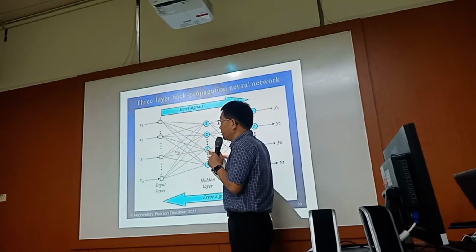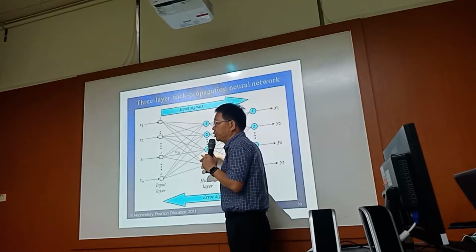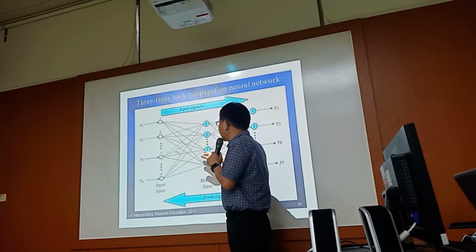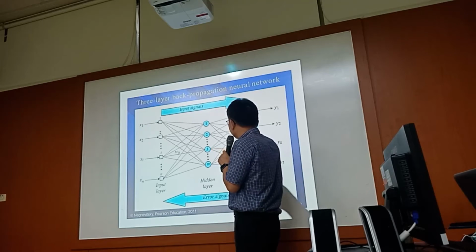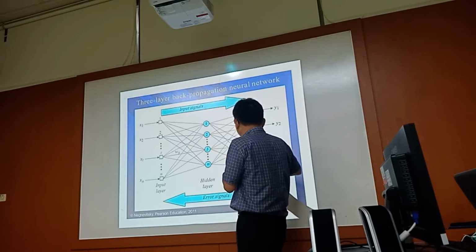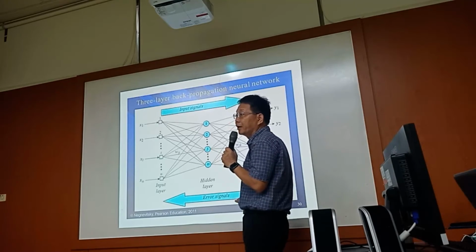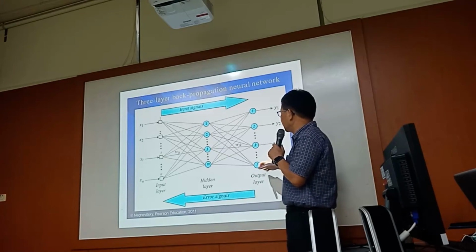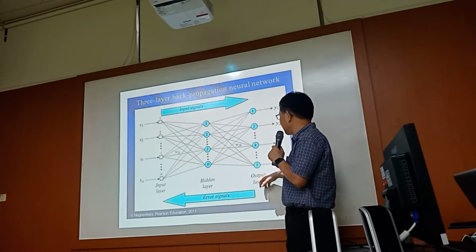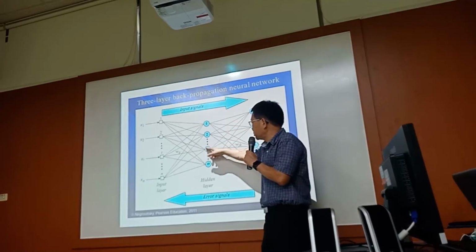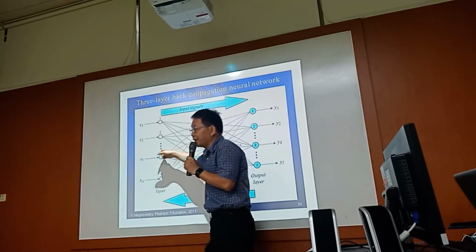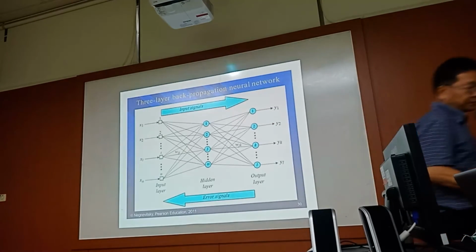This neural value for back propagation, for updating the weight, comes from this node and this node. Okay. You take this node, multiply by this weight, and then sum to get this, and then update. Okay.